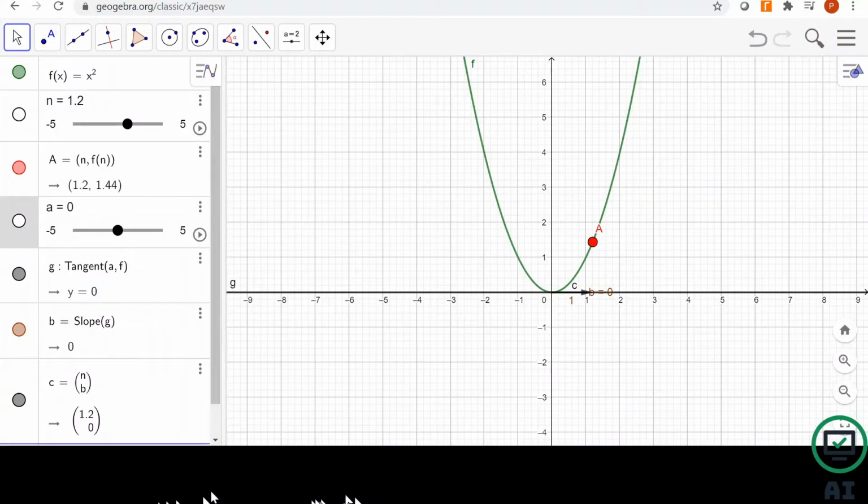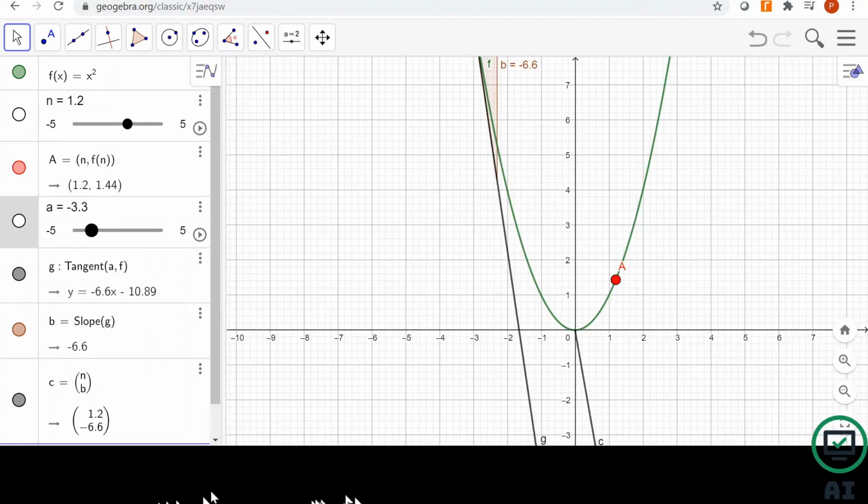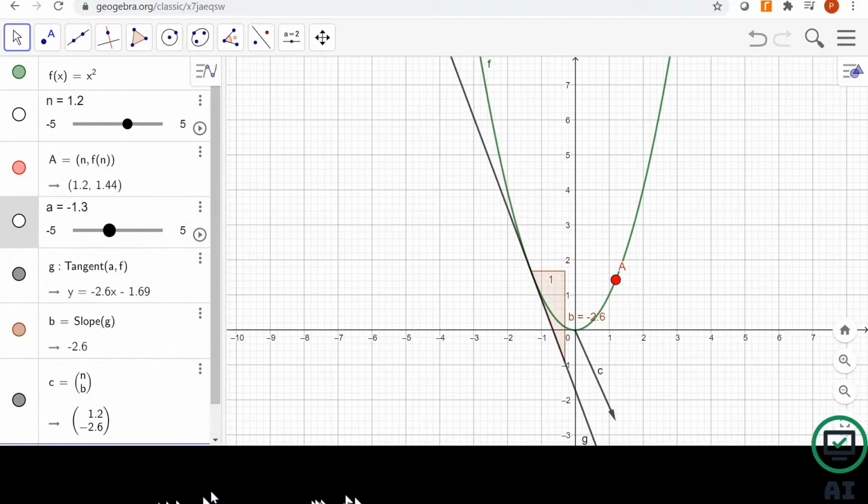If you see this particular graph, it is nothing but a graph of x square. If you see the slope here, this particular arrow is showing the slope is negative.